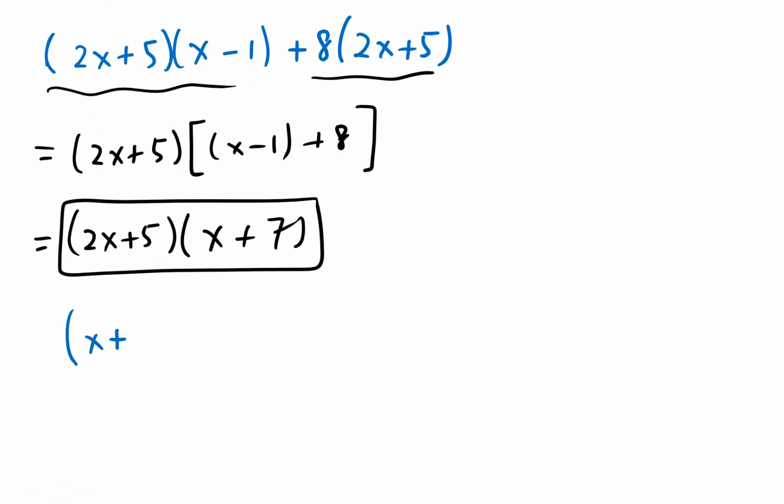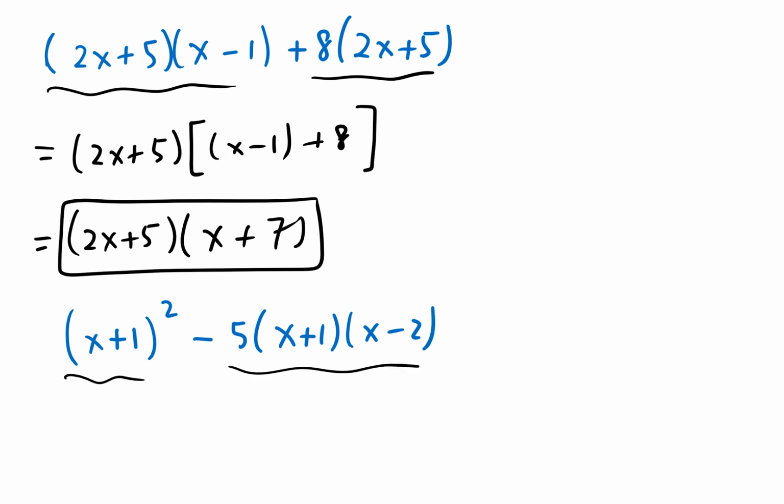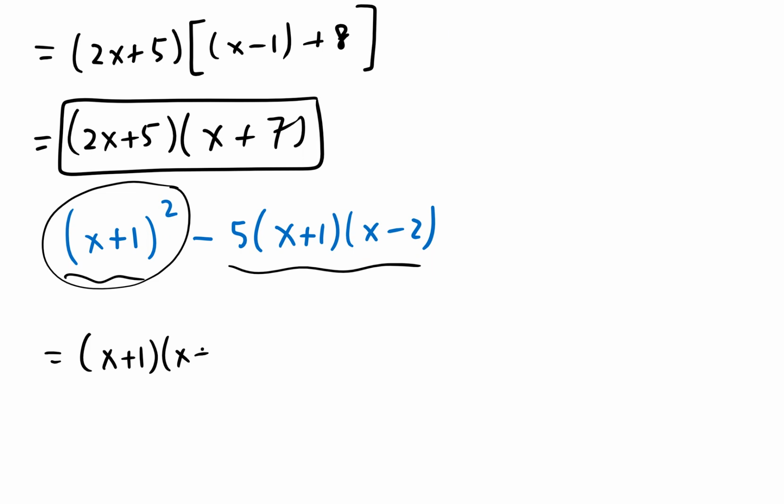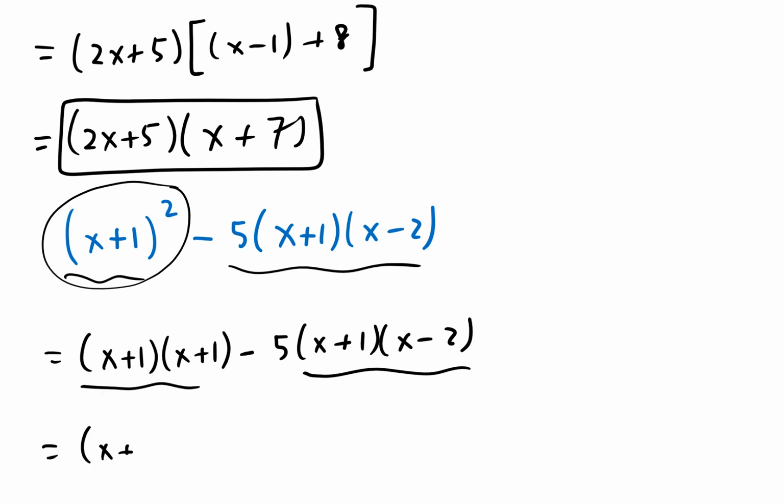Another example, say x plus 1 squared minus 5 times x plus 1, x minus 2. What is common among these two? It's x plus 1. This means 2 copies. I can rewrite it first before factoring if you like, and keep everything else the same. What is common among these two is x plus 1.